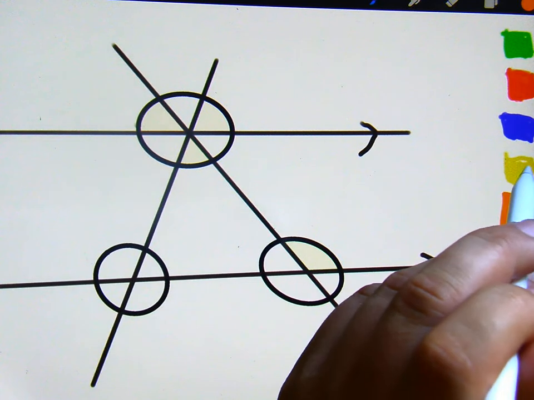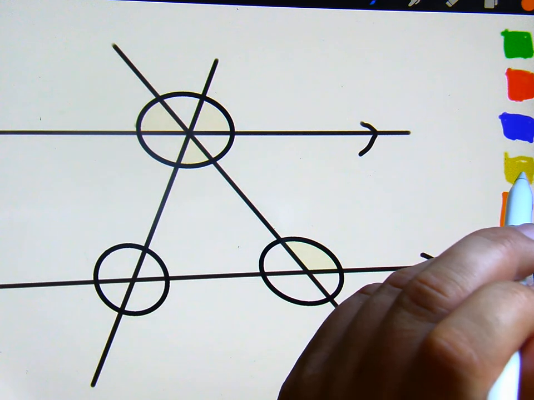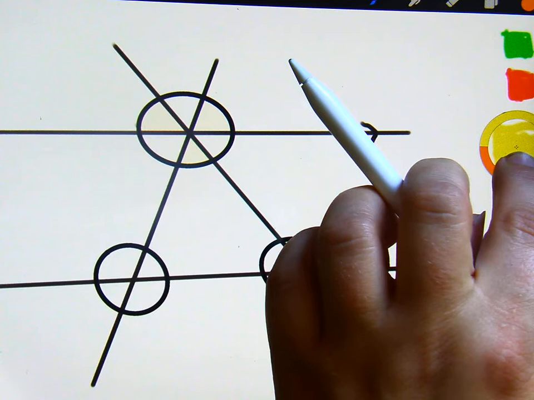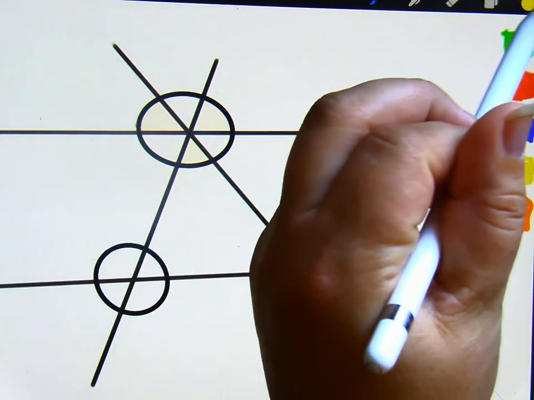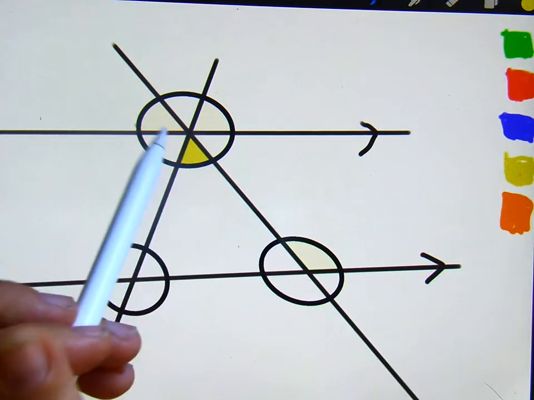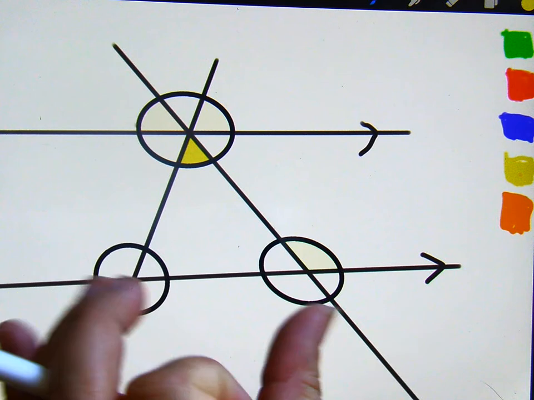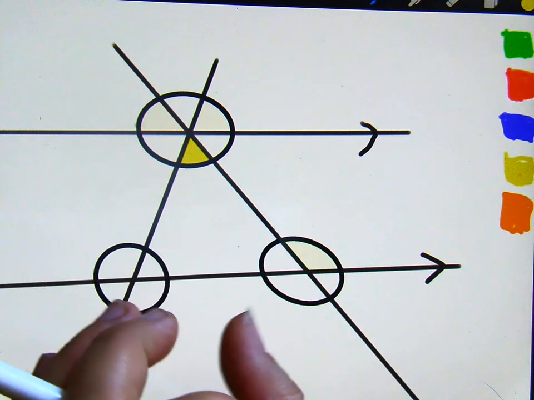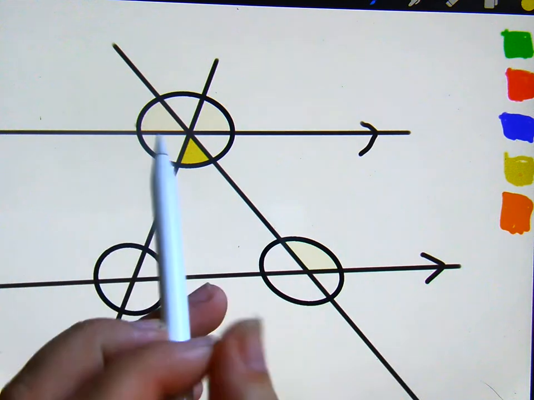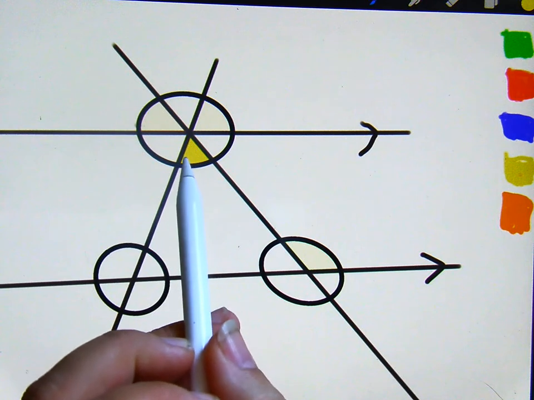So let's say we start off with our yellow and we say, okay, this angle here, we don't know what it is, and we don't really care, because even if I was to widen these, shrink these, or anything like that, those angles will technically still be an angle there and exist.